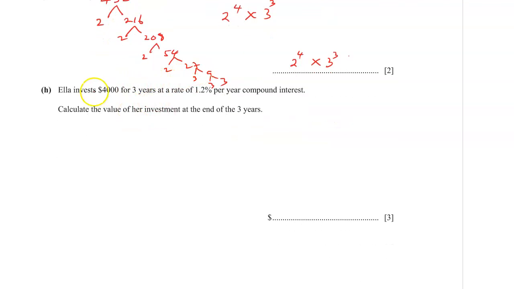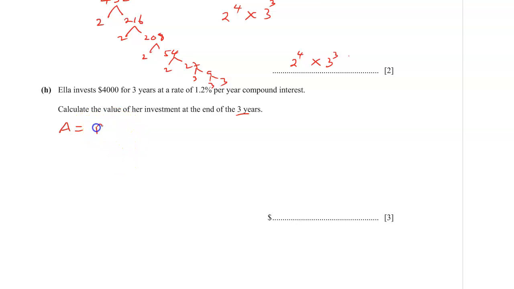Ella invests $4,000 for 3 years at a rate of 1.2% per year compound interest. Calculate the value of the investment at the end of 3 years. So this is going to be principal plus interest.